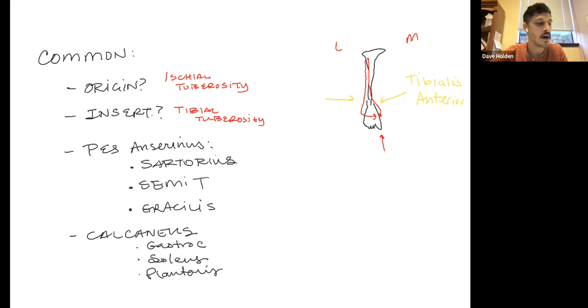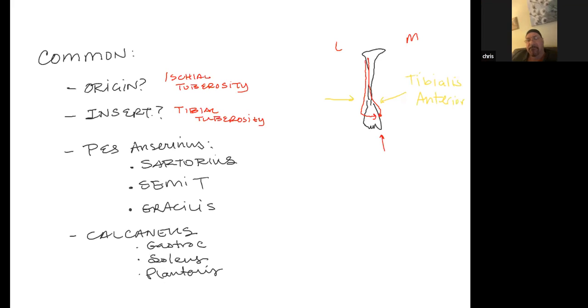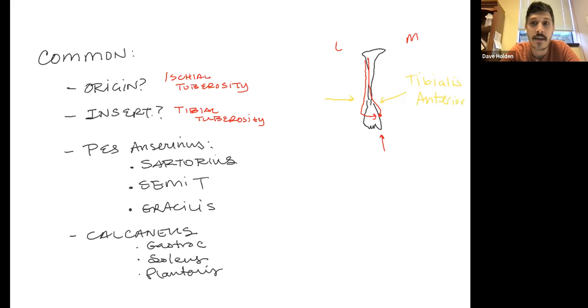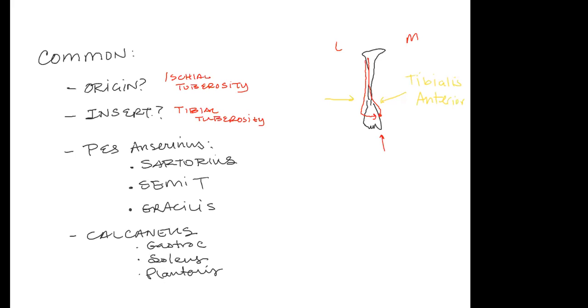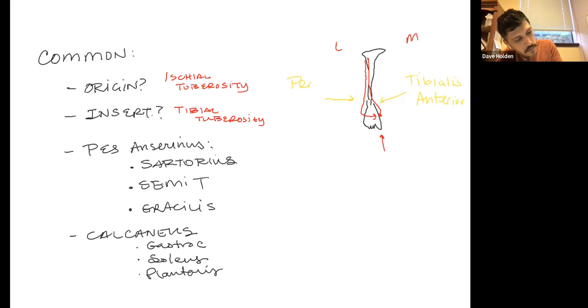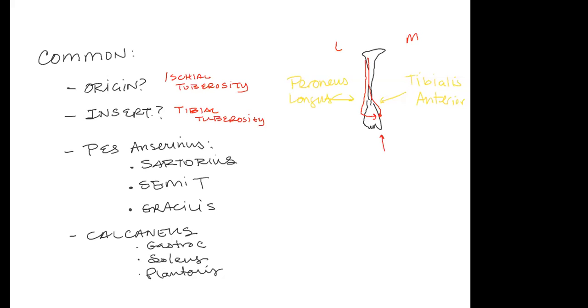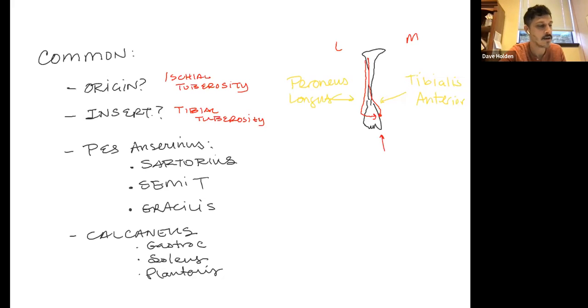What is the name of the other muscle, the lateral muscle that inserts at the same place as tibialis anterior? Peroneus longus. Peroneus longus and tibialis anterior.